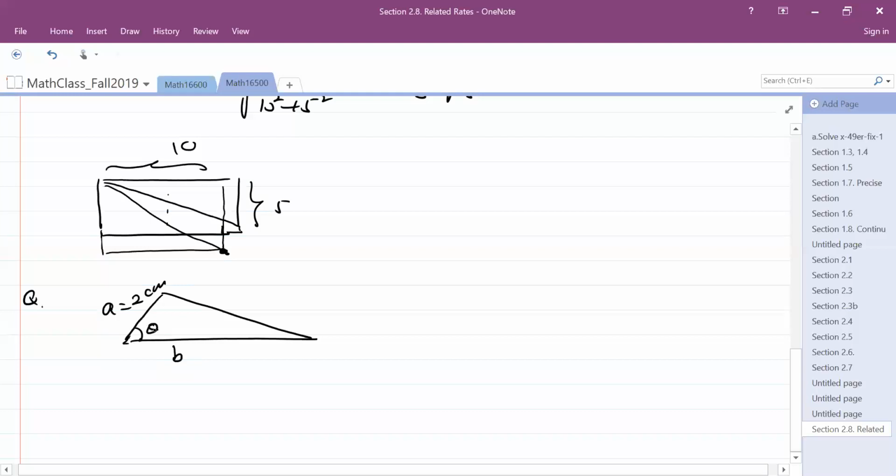Theta is in radians. So we are given the information d theta dt is 0.2 radian per minute. So the angle is increasing.